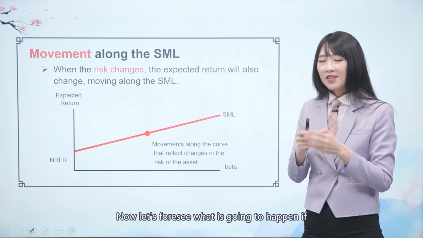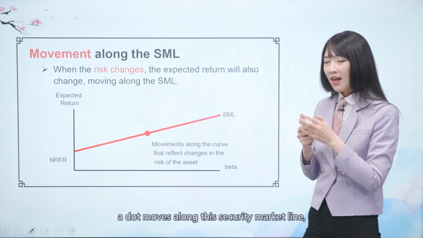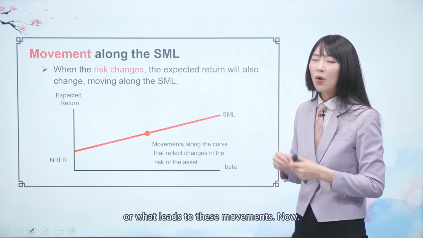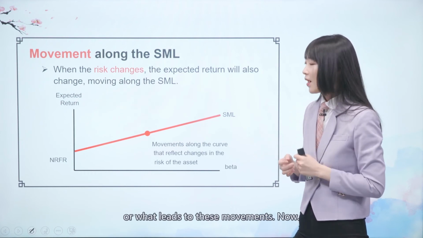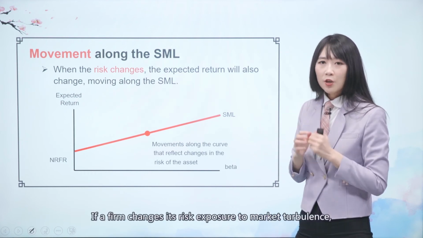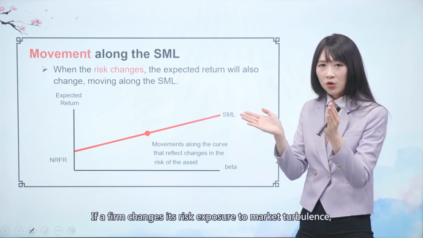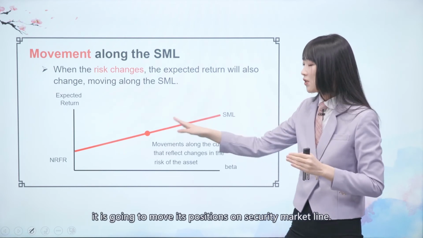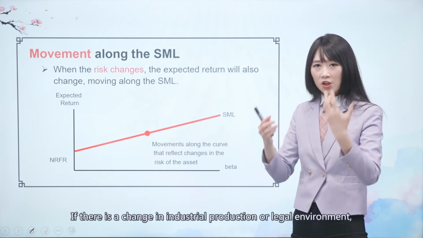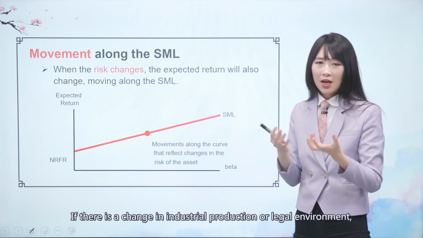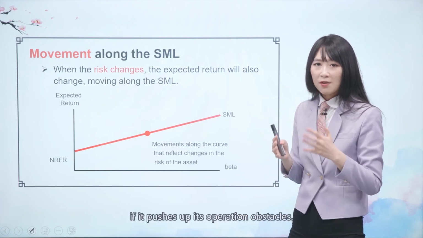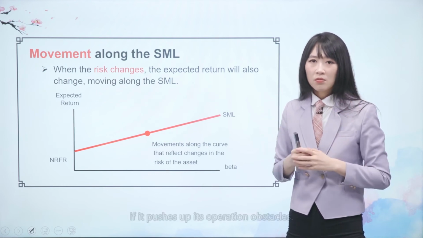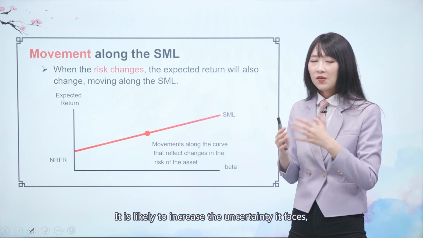Now, let's first see what is going to happen if a dot moves along this security market line, or what leads to these movements. If a firm changes its risk exposure to market turbulence, it is going to move its position on the security market line. If there is a change in industrial production or legal environment that pushes up its operation obstacles, it is likely to increase the uncertainty it faces.